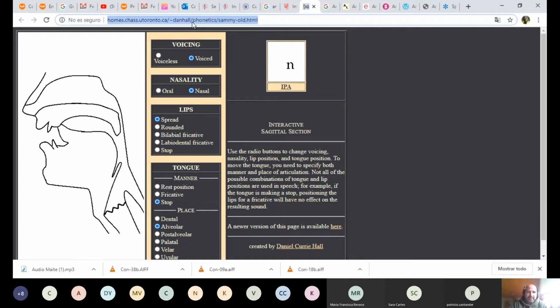Okay, so this is a good website. This is a good tool that you can use. This interactive sagittal section for you to take a look at the different positions in the oral cavity.